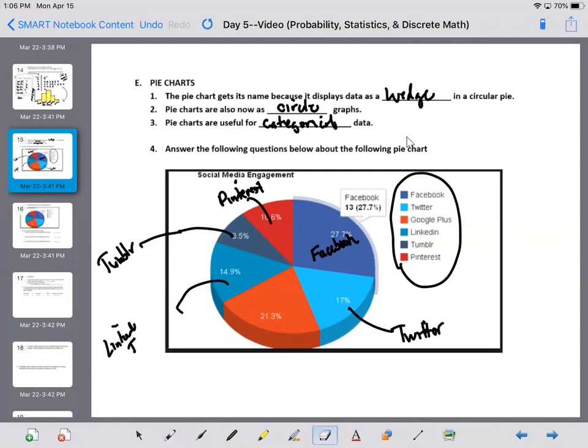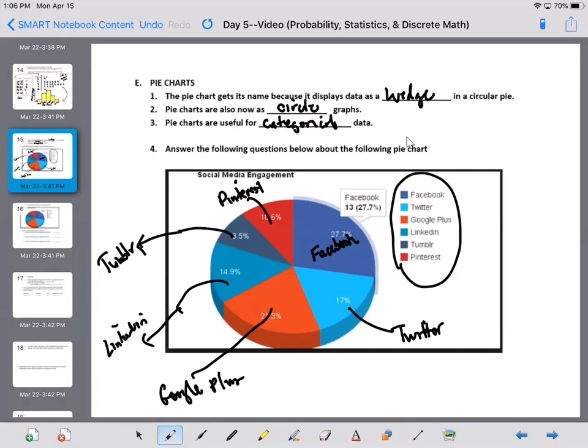So I'm just labeling everything. And so once we have everything, we can see that we're looking at percentages that represent the data.